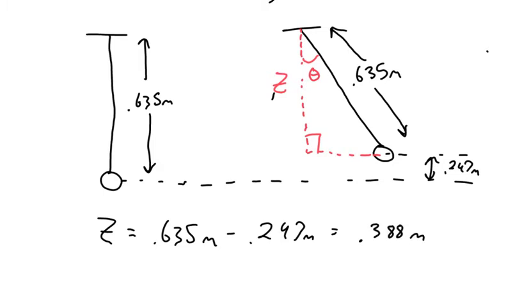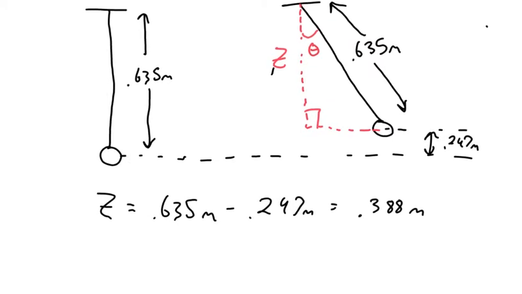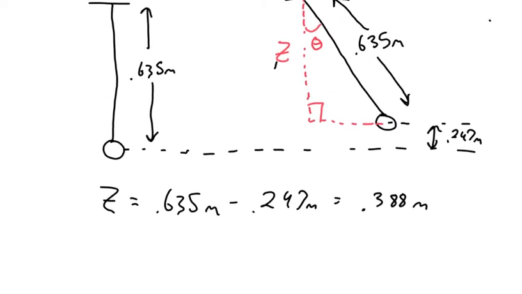Now I know two sides on that right triangle, and so I can find the angle. And the sides that I know are the adjacent side to that angle and the hypotenuse. So I'll be using the cosine function. Say cosine of theta is equal to the adjacent side, 0.388 meters, divided by the hypotenuse, 0.635 meters.